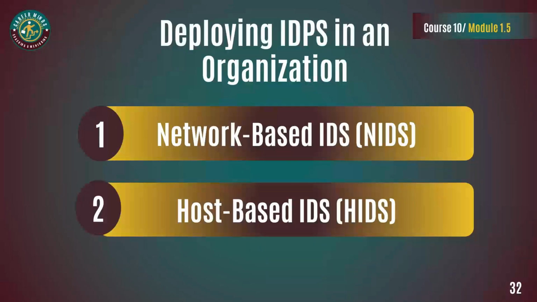It watches local files, configurations, and logs. This is perfect for spotting internal changes or unauthorized actions on that specific machine. So together, NIDS and HIDS create a layered defense, watching both the broader network and individual hosts.